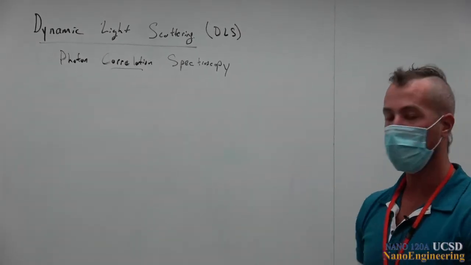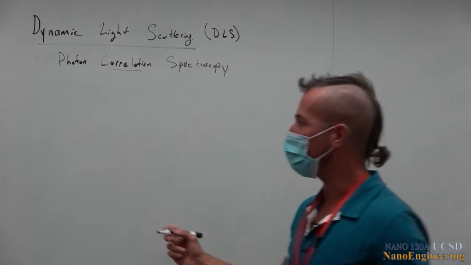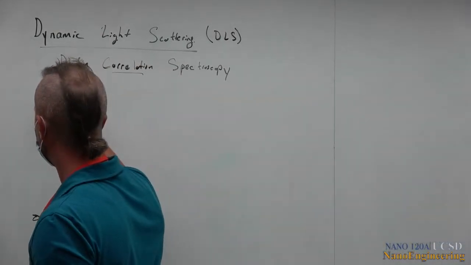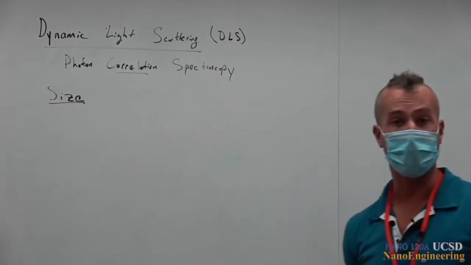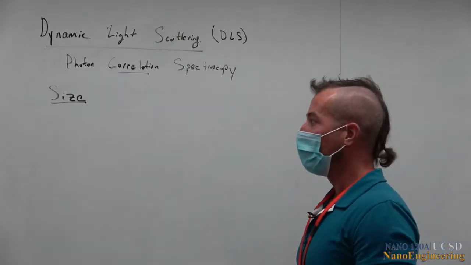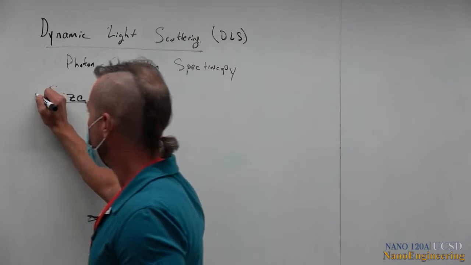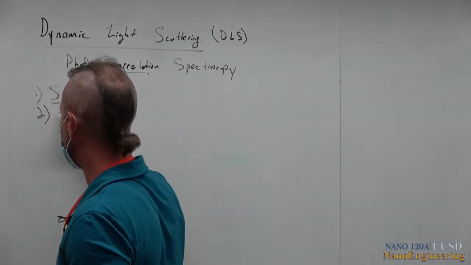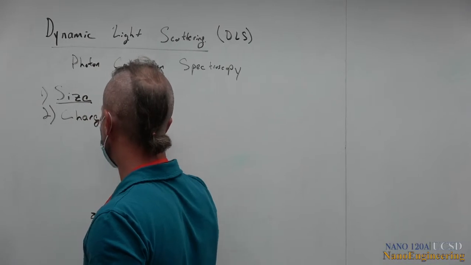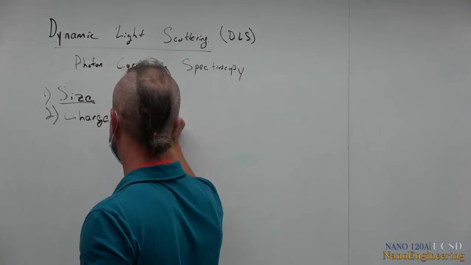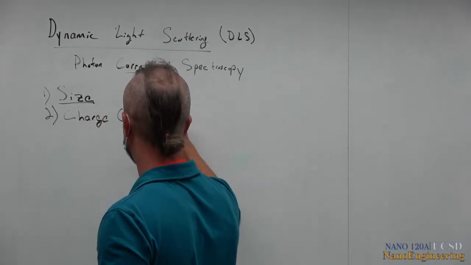Dynamic light scattering. So what are the two main things that you get? Well, the first one is nanoparticle size, okay? The second one is nanoparticle charge. This is also called the zeta potential.